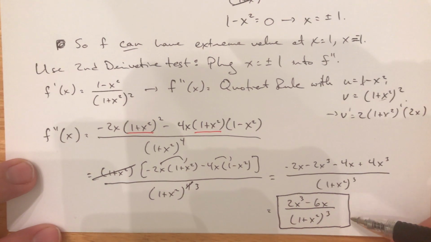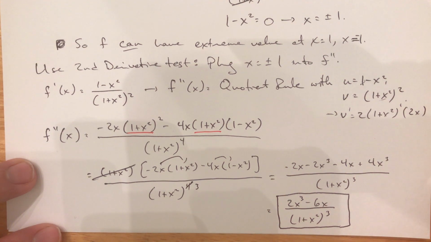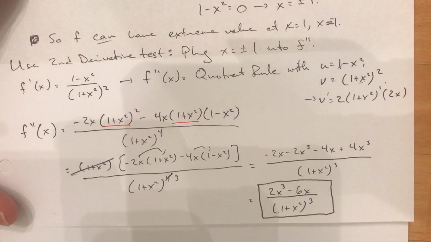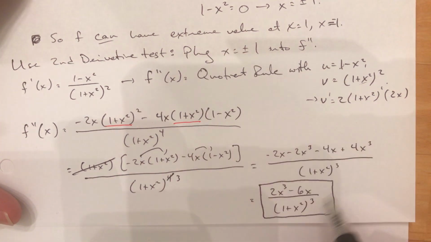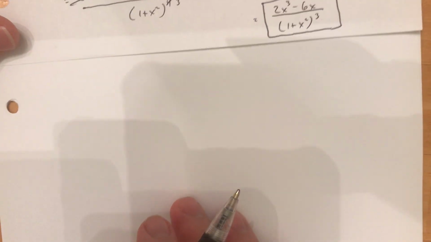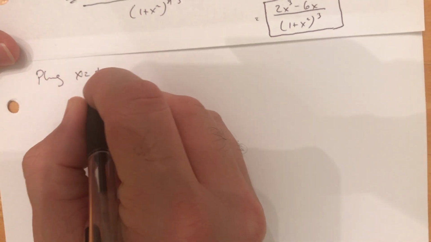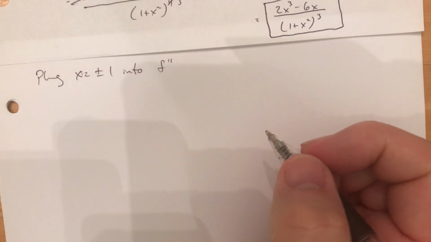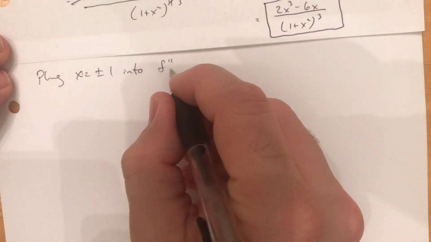But since we want to actually use that second derivative, we're going to go ahead and make sure that we do that simplification. So all of that is so that we can plug our two critical values into our second derivative and interpret what we get using the second derivative test.